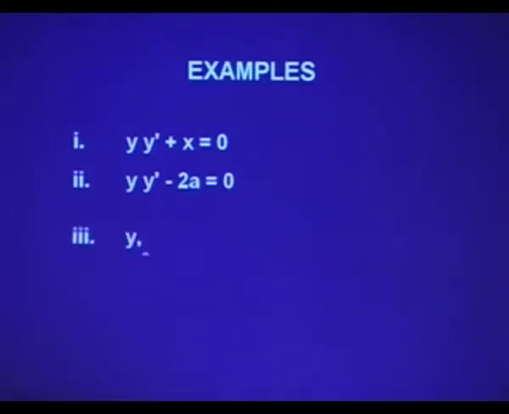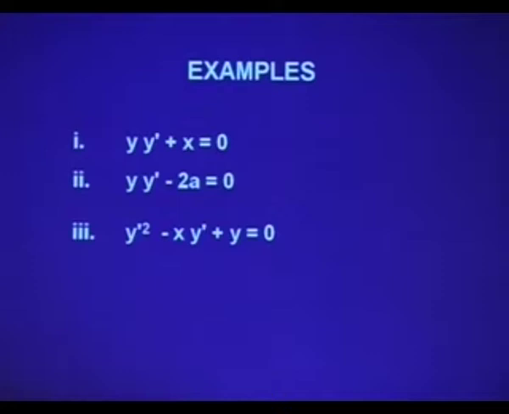Examples of such differential equations are y dash plus x is equal to 0, y dash minus 2y is equal to 0, y dash square minus xy dash plus y is equal to 0. We see that in all these equations, we have the first derivative and the unknown function. In the first equation, we have the function x. In the second equation, we do not have any term of x. In the third equation, we have x, y dash square and so on. So, these are implicit forms.